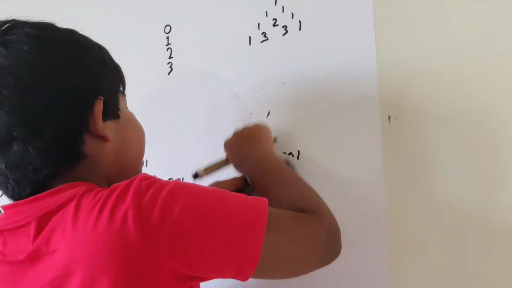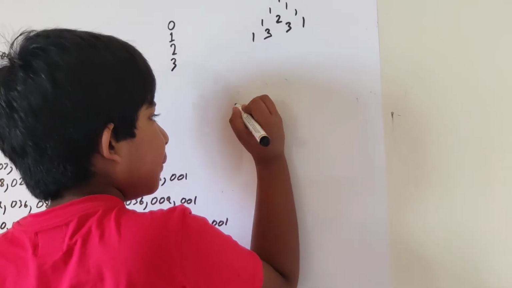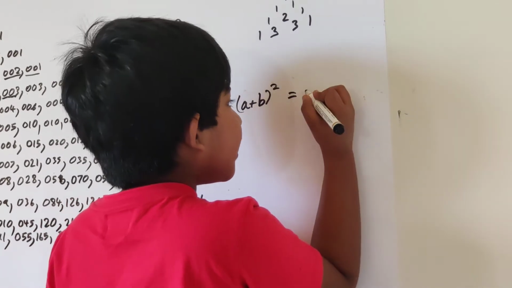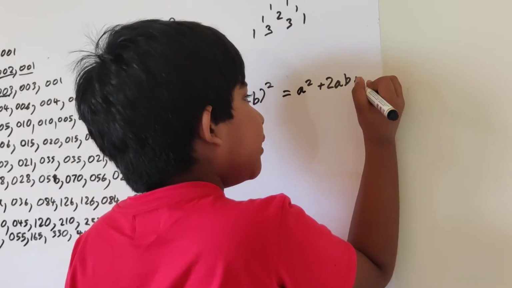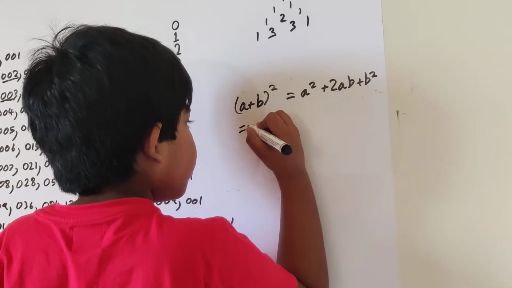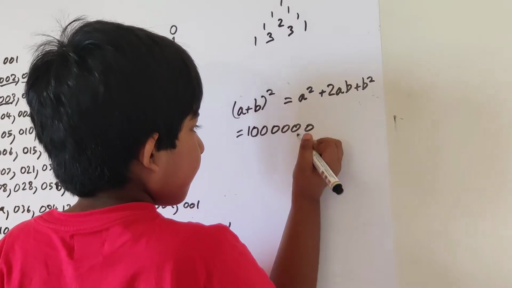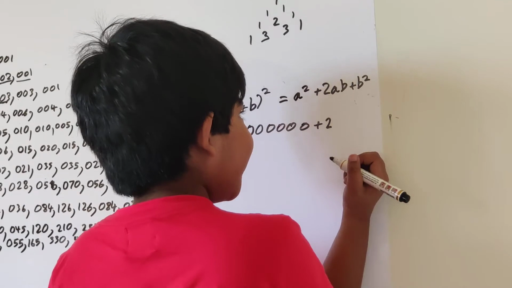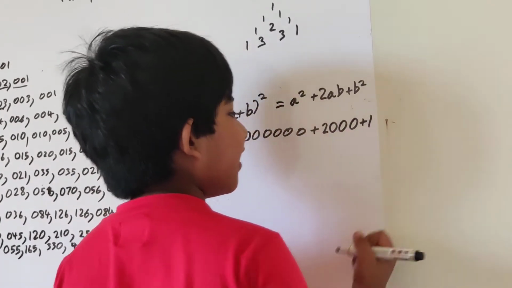I'll erase this as well. It's obvious for a plus b, so now let's move on to a plus b squared equals a squared plus 2ab plus b squared, which is equal to 1,000,000 plus 2 times 1000 times 1, plus 1.